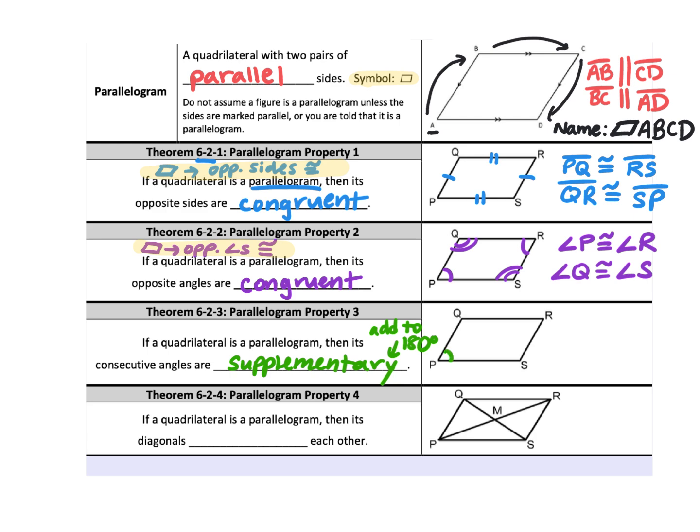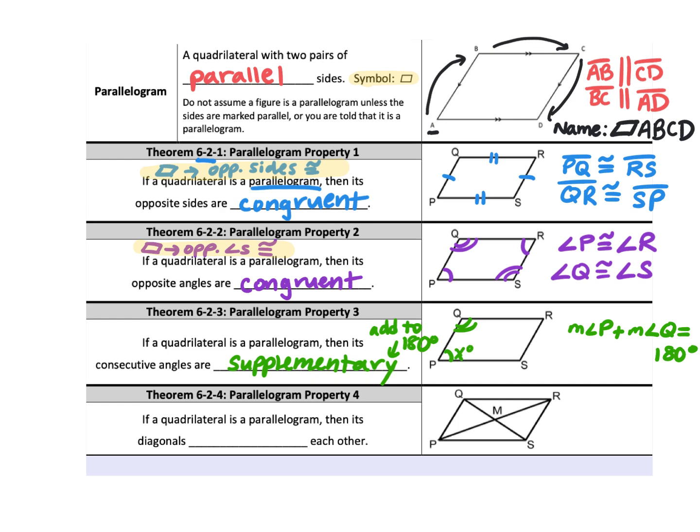So in my picture here, angle P and angle Q are consecutive angles. And we know by this theorem that the measure of angle P plus the measure of angle Q is equal to 180 degrees. And there are other options for the consecutive angles, like I could do Q plus R equals 180.